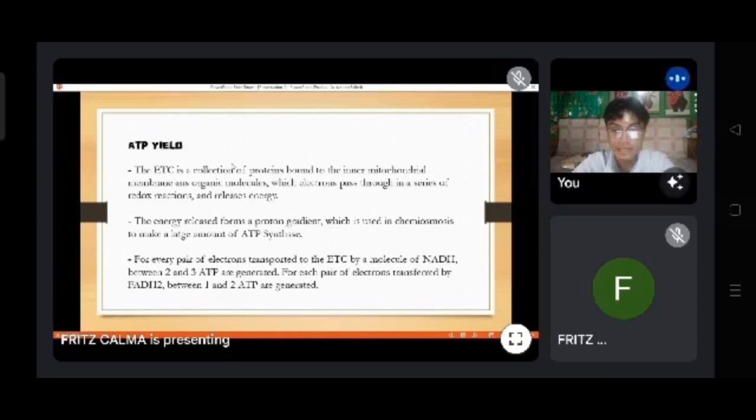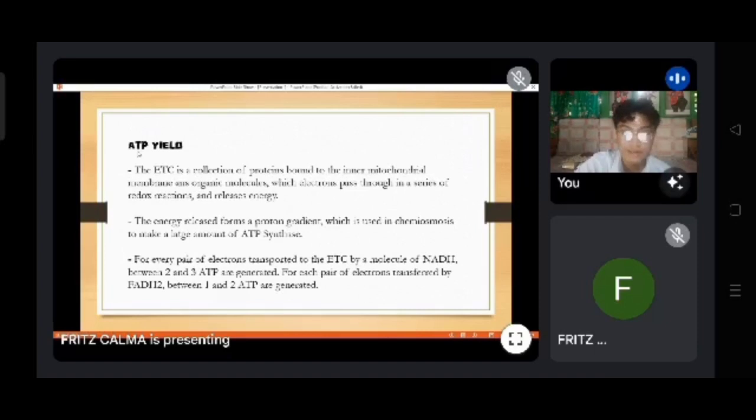And present din po dito yung lipids, halimbawa na lang po dito yung cholesterol and triglycerides po, which are also made from intermediates in these pathways. Both amino acids and triglycerides are broken down for energy through these pathways.